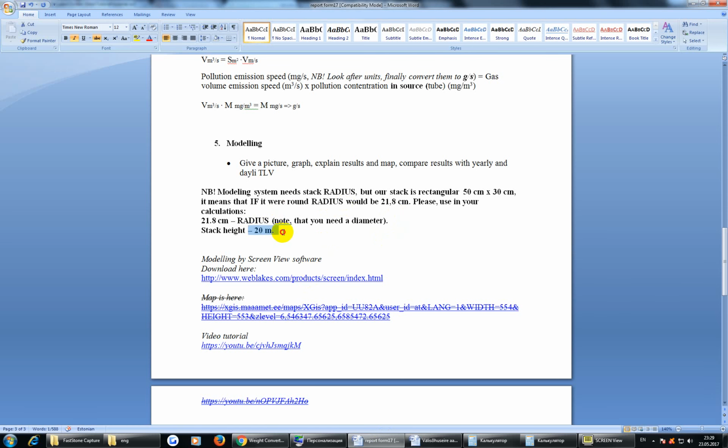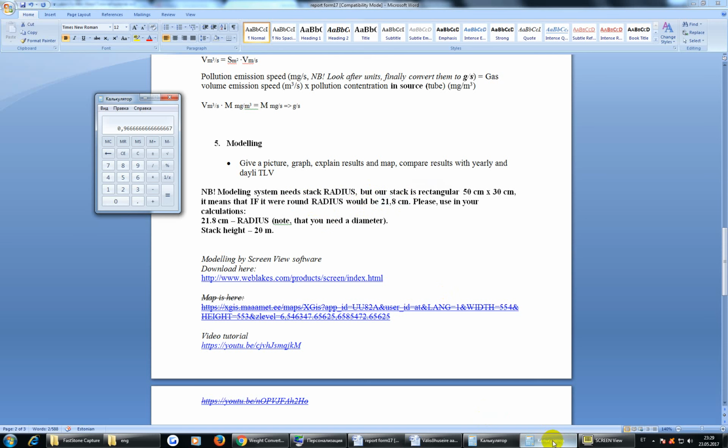Okay, this system accepts only a circle or round emission source, but it doesn't accept rectangular. We have rectangular, so if we change this rectangular into a round tube, the inside radius would be 21.8 centimeters.